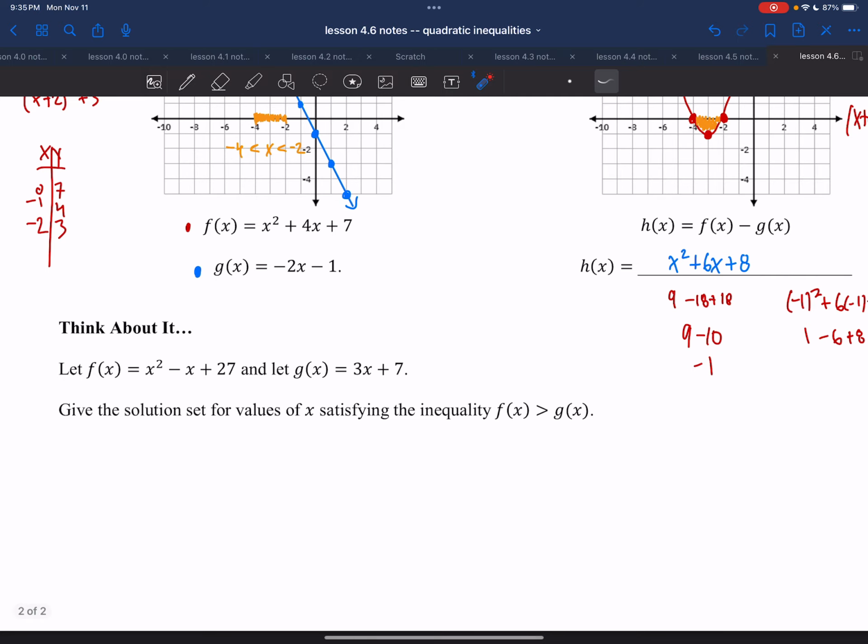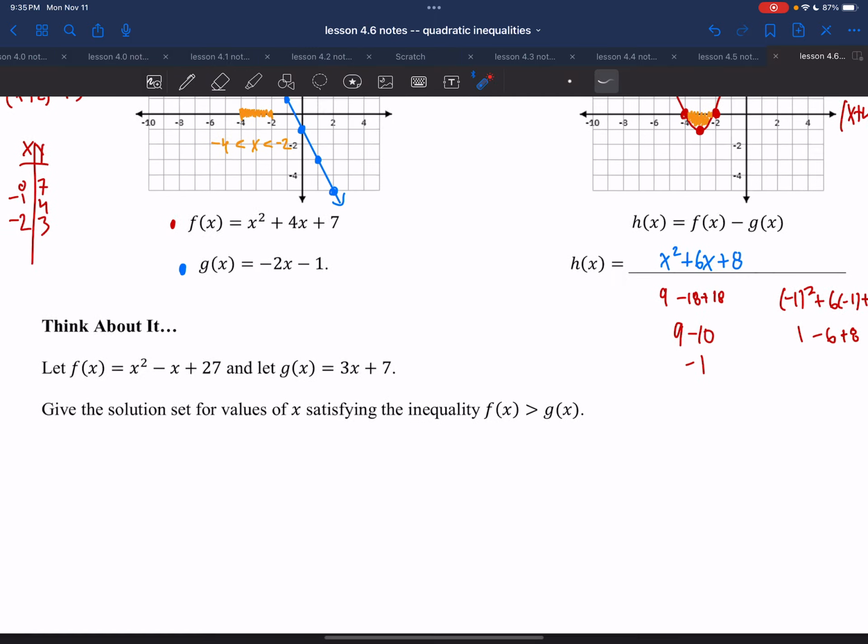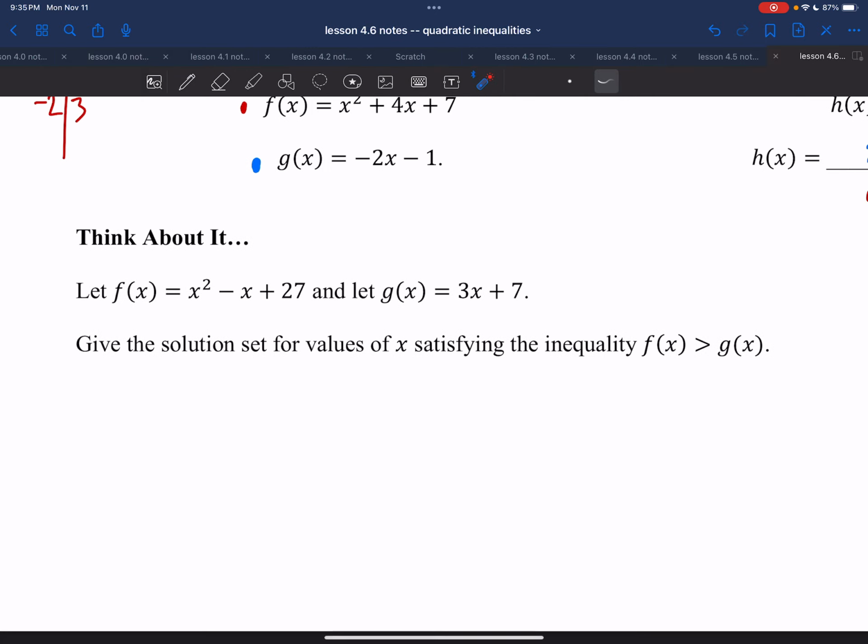Okay. One last little tidbit, and again, this was just for the sake of it. It was just kind of neat. And this says, think about it. It says, let f be this and let g be that. It says, give the solution set for values for x satisfying that inequality. So same thing we were just doing. You'd say, okay, I want to find when f is more than g. And so you'd say, okay, f is this.